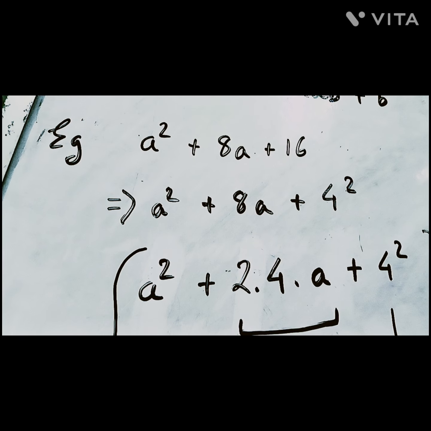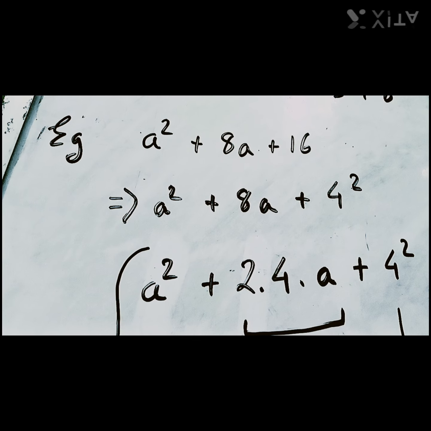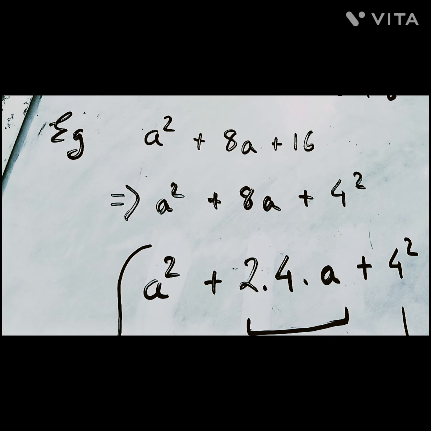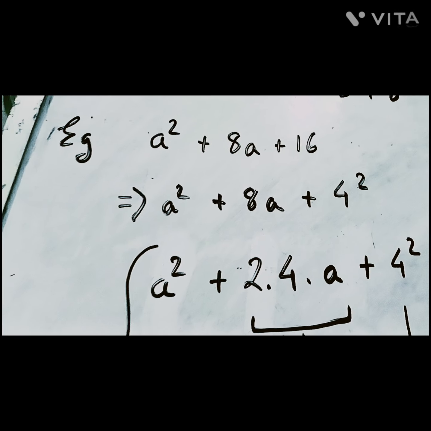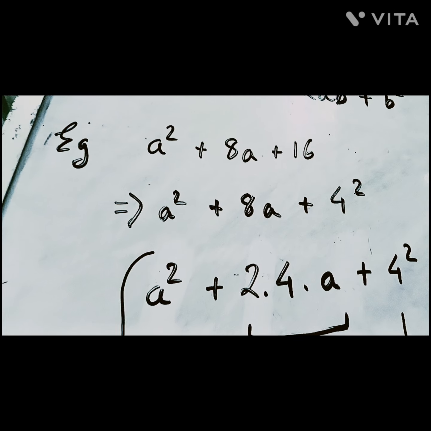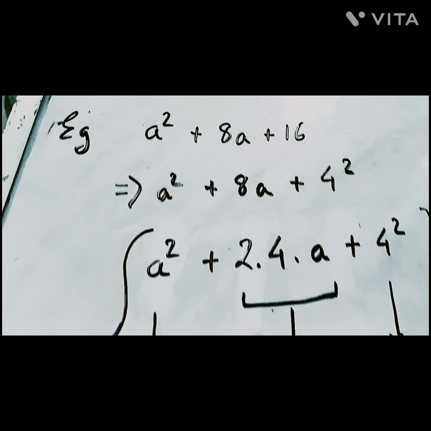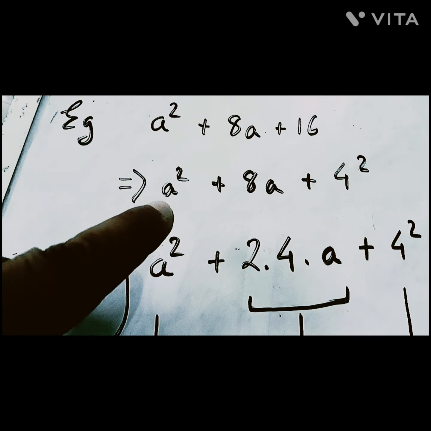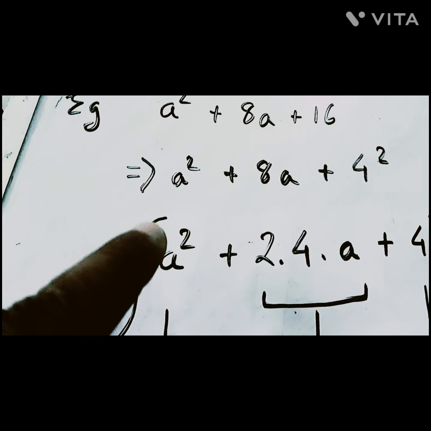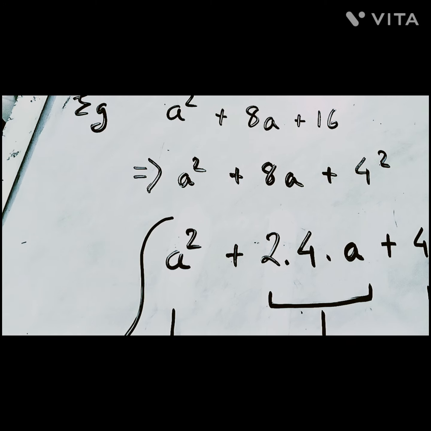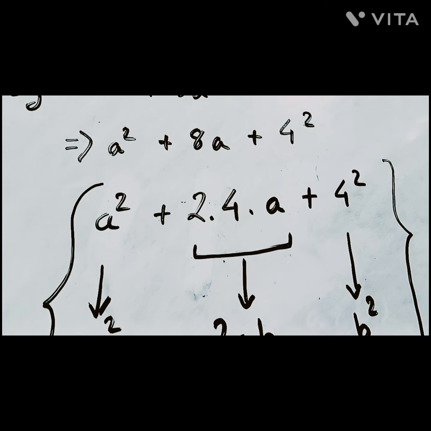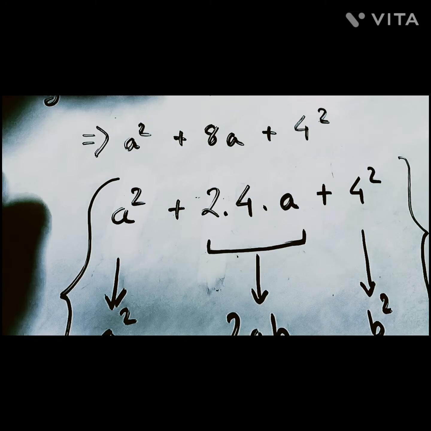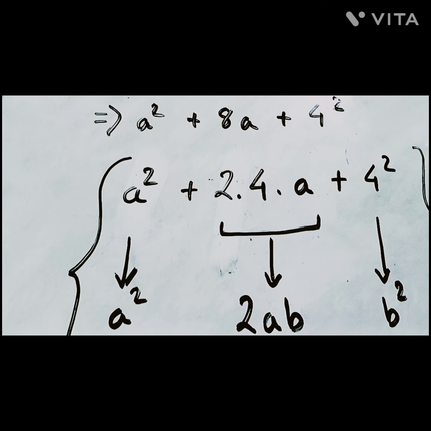Suppose we are asked to factorize the expression a square plus 8a plus 16. Here we can use the a plus b whole square formula. 16 is 4 square. Now 8a can be further broken as 2 into 4 into a.